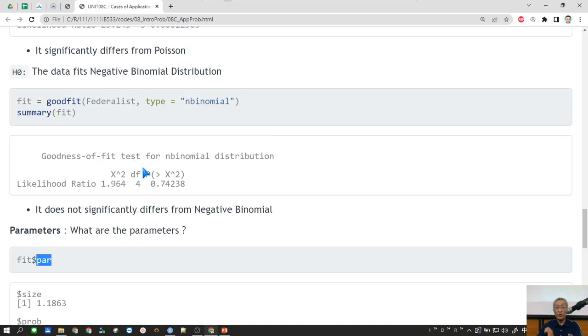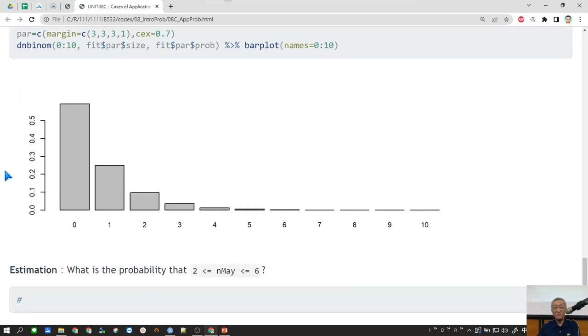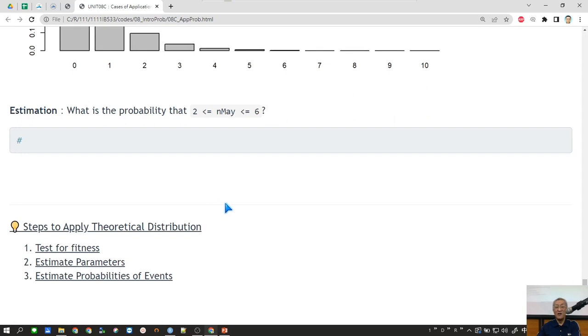So you know the distribution, you know the parameter, then you can do the estimation for your business purpose.